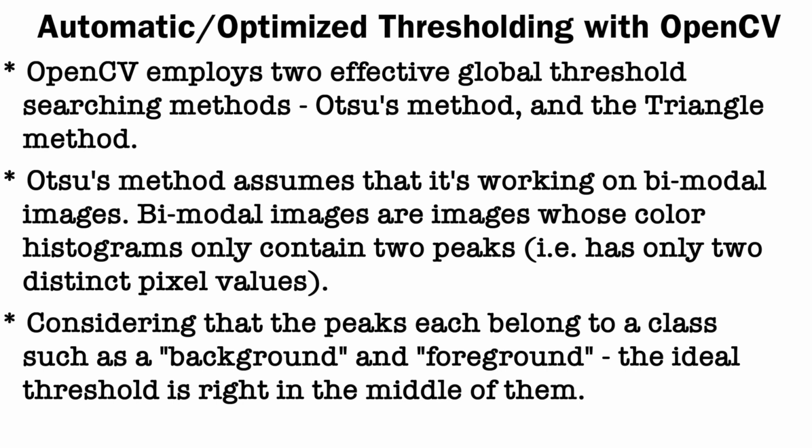Whether it is black or white, or if you are converting it into a gray level image, it would contain only two peaks of pixel values. Considering that the peaks each belong to a class such as a background and a foreground, the ideal threshold is right in the middle of them.